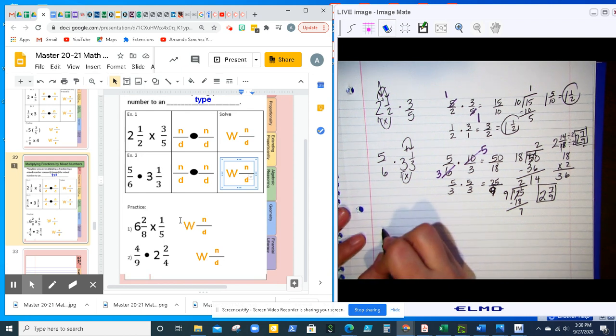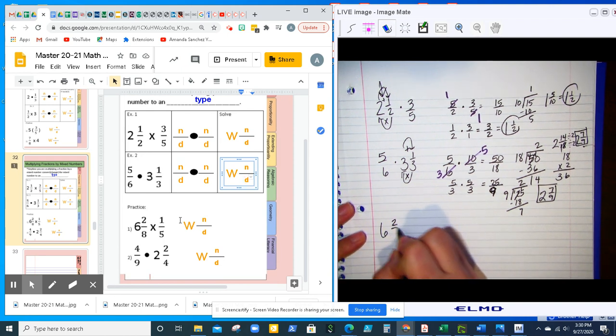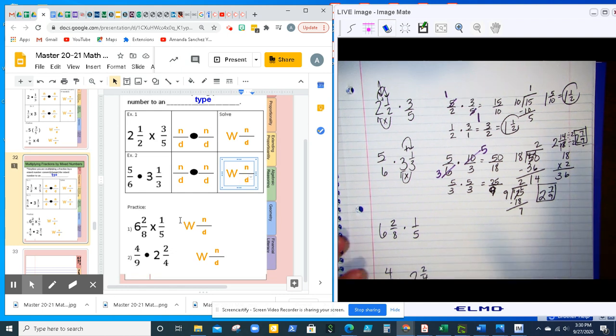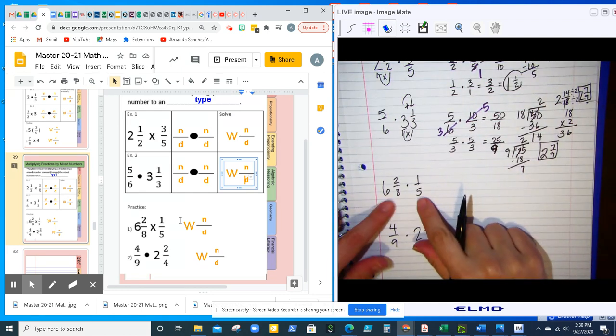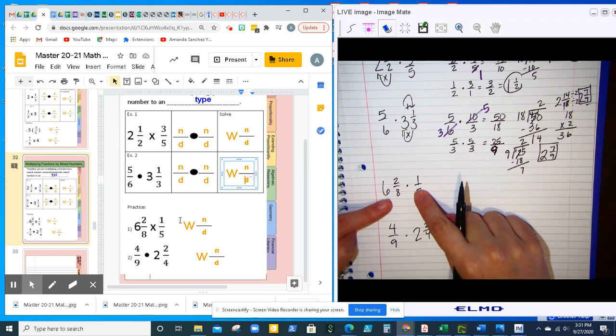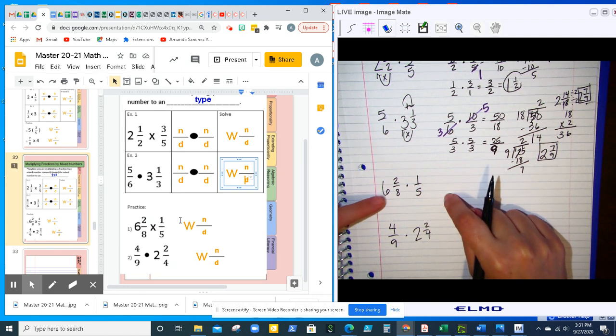And then the final two, 6 and 2/8 times 1 over 5, and 4 over 9 times 2 and 2/4. Okay, now looking at these two numbers, remember if this number is less than 1, the product will be smaller than this value.